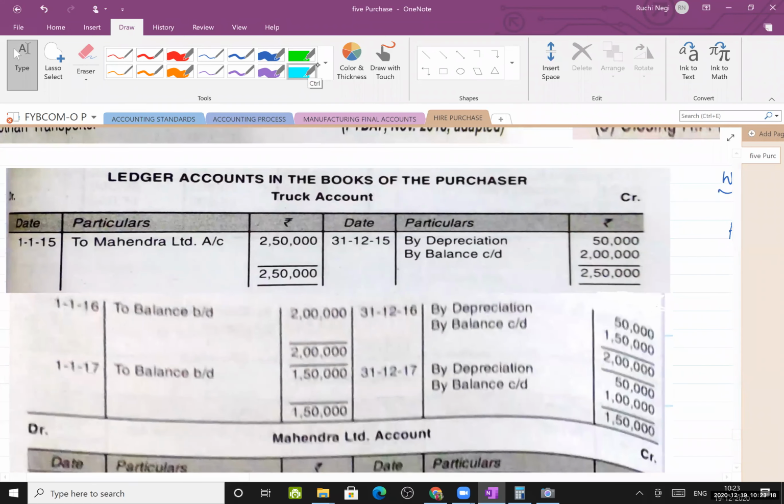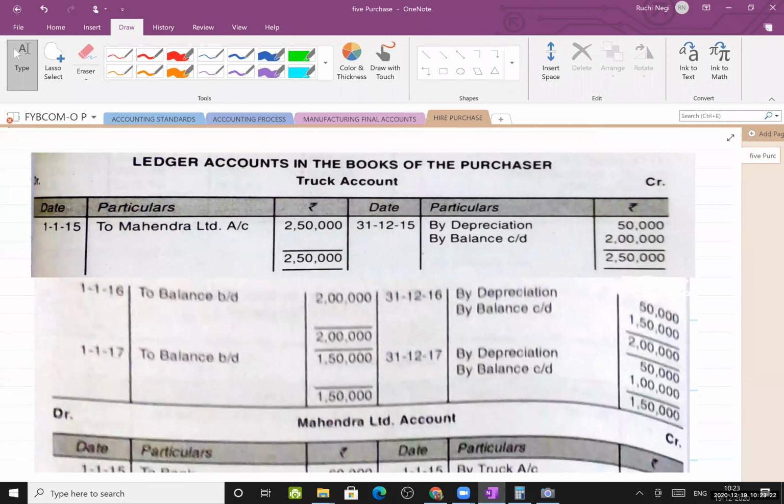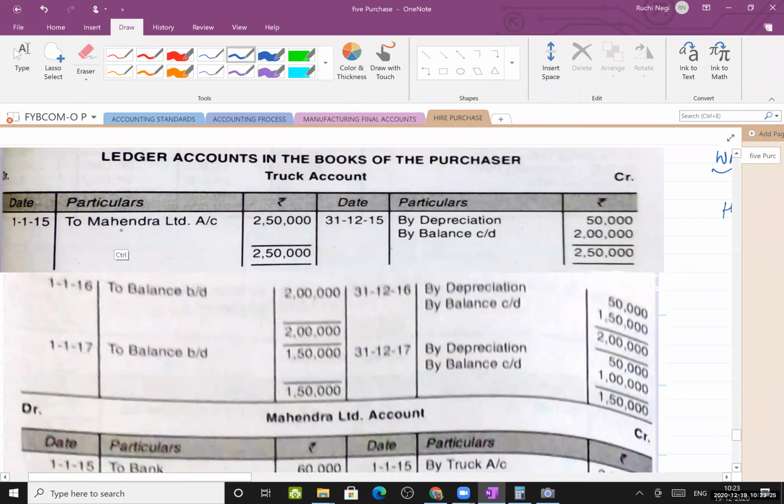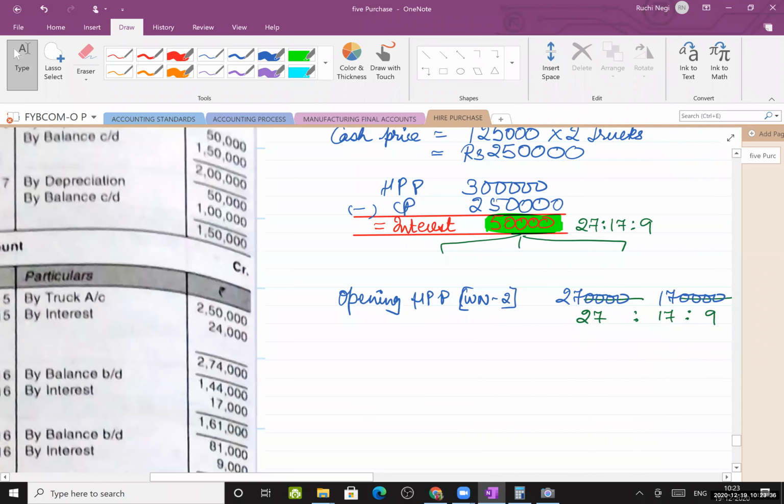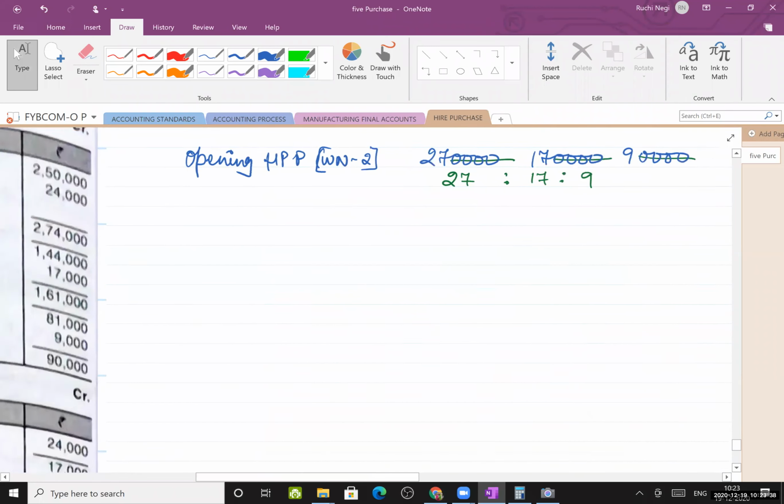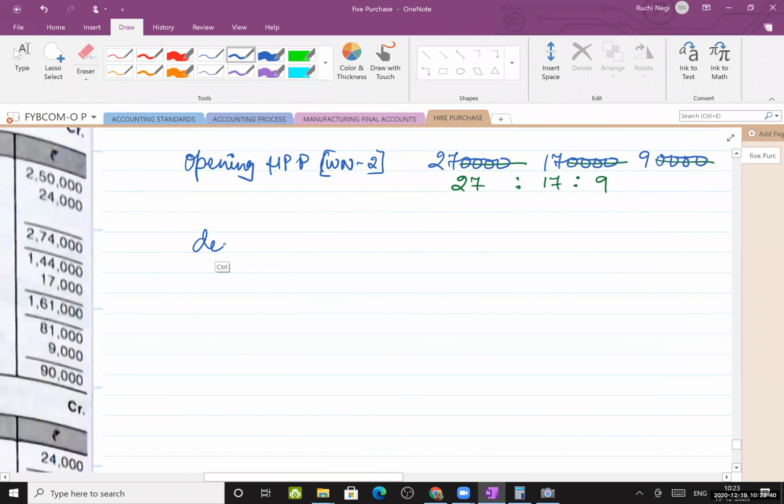Okay. Then these are the steps that you will follow in your asset account. Truck is nothing but the asset account. ये 2,50,000. I hope you know कैसे आया. 1,25,000 into 2 trucks, 2,50,000. आपका जो डेप्रीसिएशन है वो स्ट्रेट लाइन बेसिस पे है. तो कॉस्ट प्राइस या कैश प्राइस एक ही होता है. कितने में खरीदा आपने? 2.5 लाख में ऑब्वियसली.